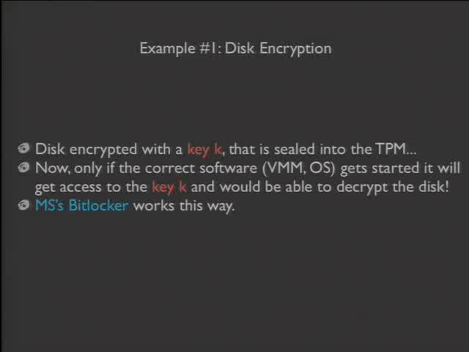And then every time we boot our system, only if the PCR registers, which means the BIOS, the bootloader, everything, was exactly as it was before, the hash of it was exactly as it was before, only then will the PCR registers match, and only then will BitLocker be able to unseal the crypto key from the TPM.